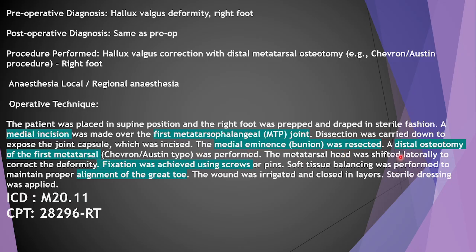The metatarsal head was shifted laterally to correct the deformity, and fixation was achieved using screws or pins. Soft tissue balancing was performed for alignment of the great toe, and the wound was irrigated and dressing applied. So simply we have to see the criteria: medial incision, first metatarsophalangeal, medial eminence resected. After that, we have to see which side, proximal or distal, has been performed. Okay, we'll see in the navigation.